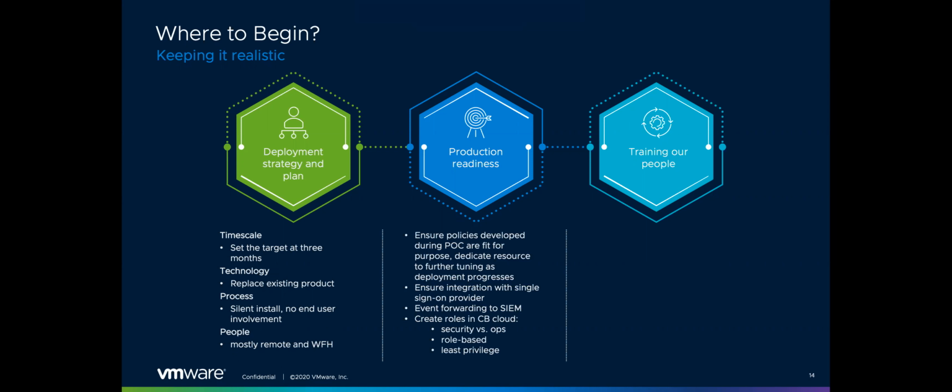So other things that we were driving is we wanted to integrate this with our single sign-on provider for ease of authentication for our security operations team and our incident response folks. We integrated it with VIDM and Workspace ONE to make it very seamless for them to log on. We also wanted to focus on creating roles via RBAC, so role-based access control within the console. Who are the users that are going to be leveraging the solution, and what level of access do they need?